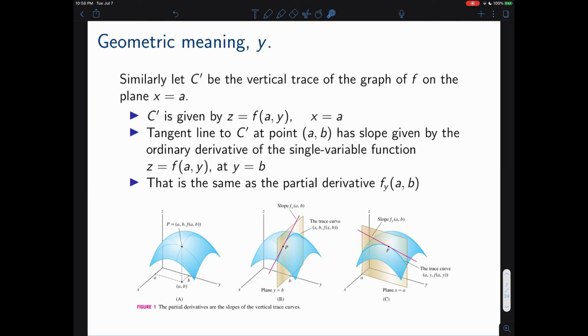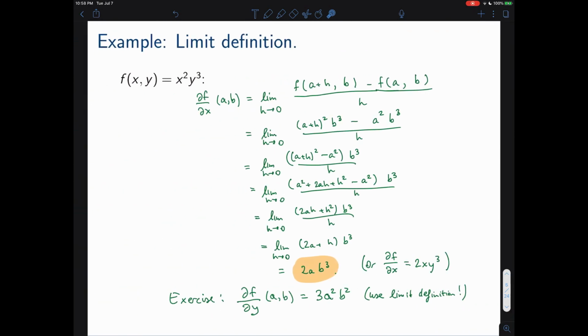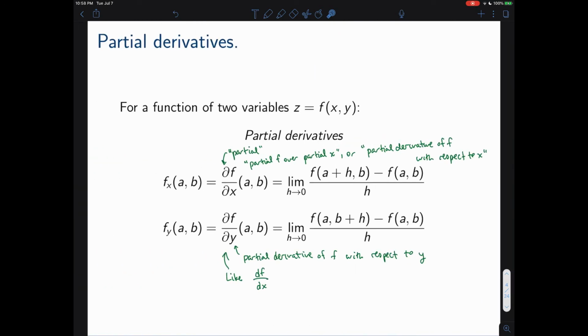So I'll go back to that slide now. All right, so in this slide, in the partial derivative with respect to x, x is a variable, y is a constant. And look, y equals b is a constant and x is a variable.